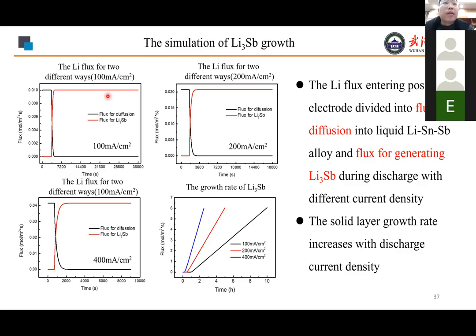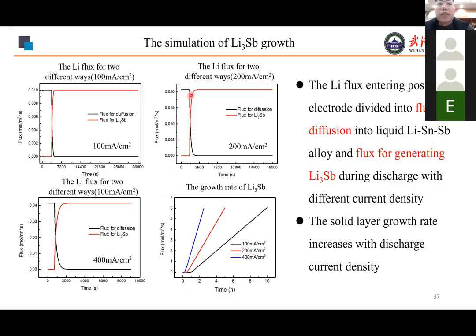The black line is the lithium flux for diffusion, and the red line is flux for lithium antimonide. At the beginning of the discharge, the positive electrode is liquid. All the lithium flux diffuse into the alloy to increase the lithium concentration.